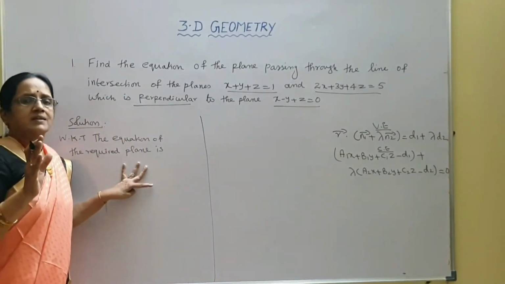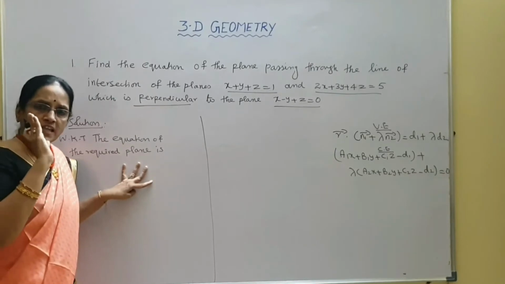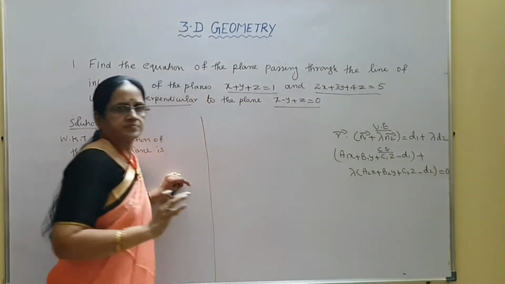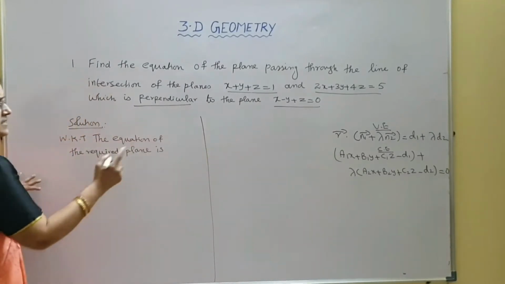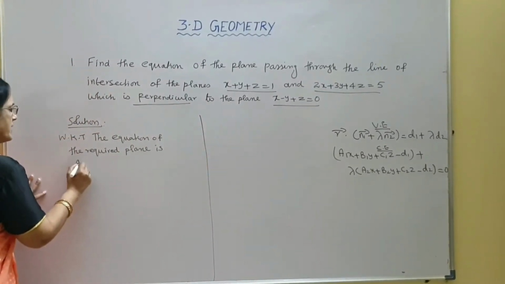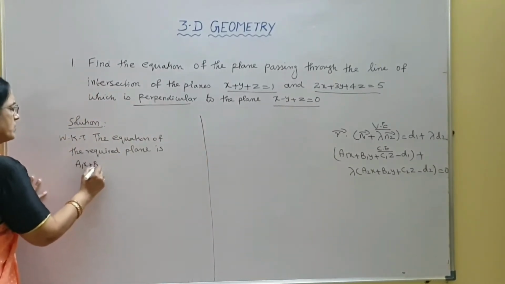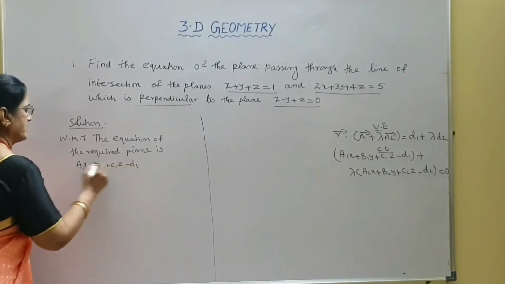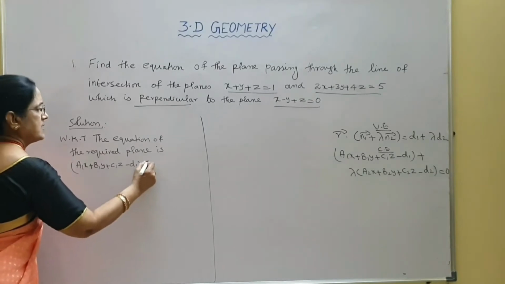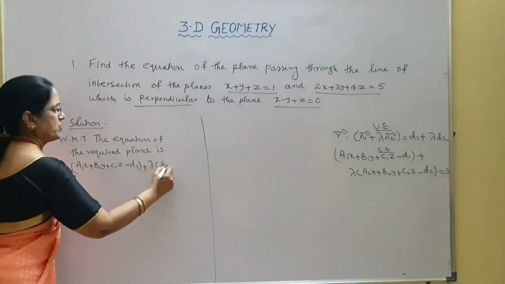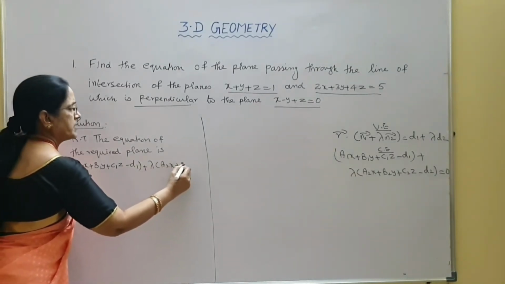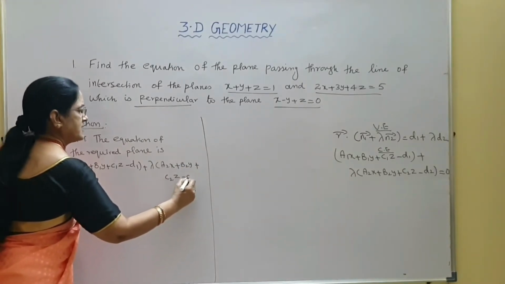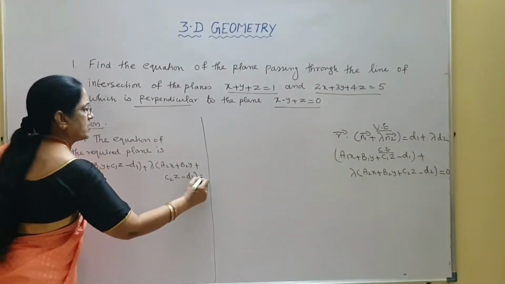It's nothing but the equation of the plane passing through the line of intersection of these 2 planes. Let me use the general equation first. a1x plus b1y plus c1z minus d1 plus lambda times a2x plus b2y plus c2z minus d2 equal to 0.